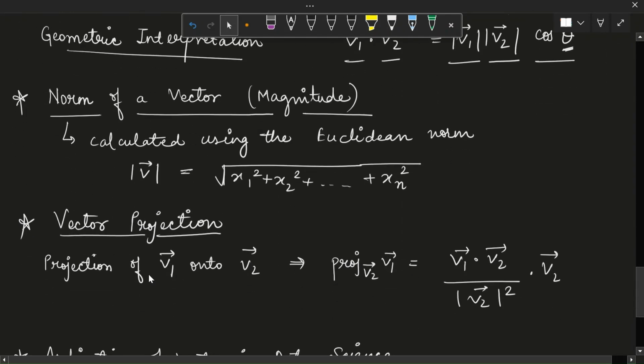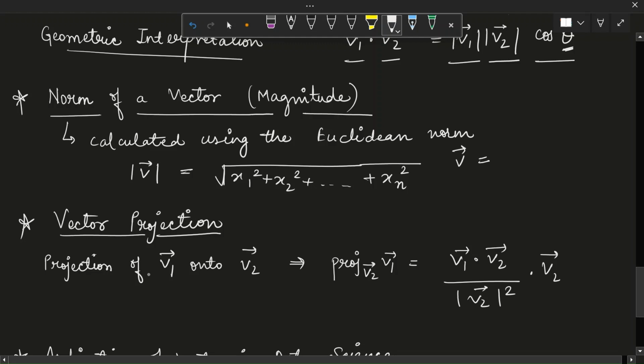Then we have the norm of a vector, or we can say the magnitude of a vector. The magnitude of a vector v is computed using the Euclidean norm, where the magnitude of vector v is equal to the square root of the sum of the squares of each of its components. Let's take an example.